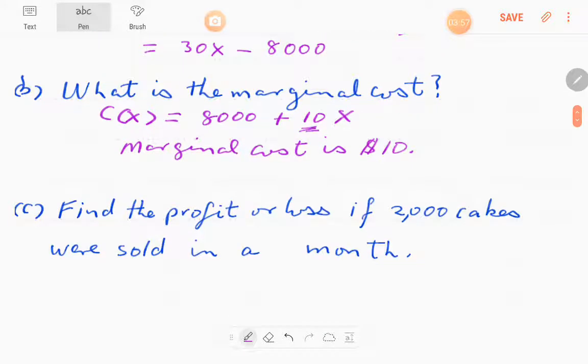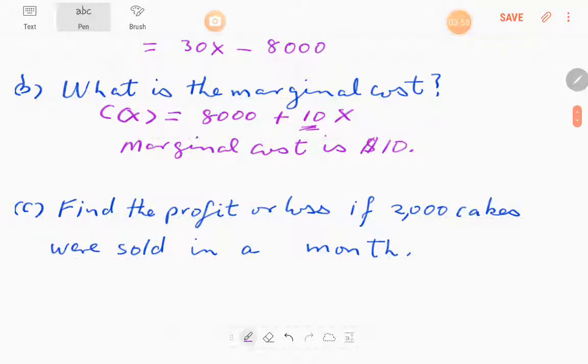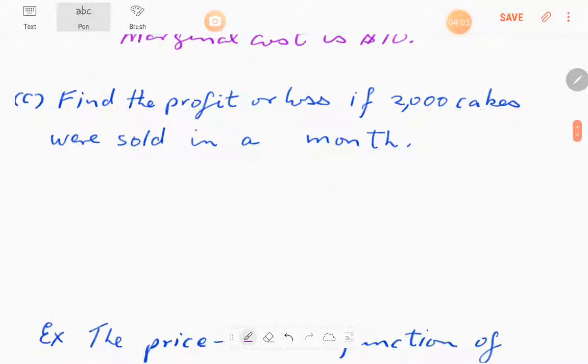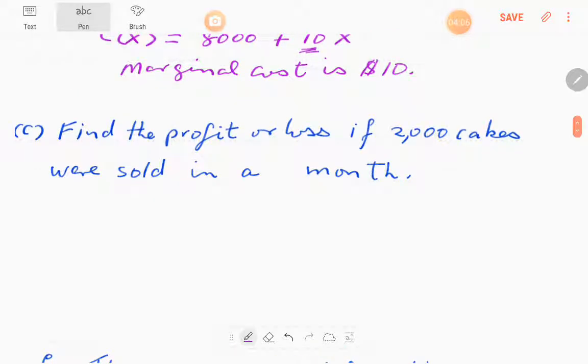Okay, another question relating to this example is find the profit or loss if 2,000 cakes were sold. So we'll have the profit when 2,000 cakes are sold. We just use our profit function, which is 30 times 2,000 minus 8,000.